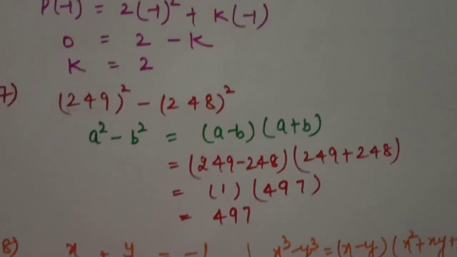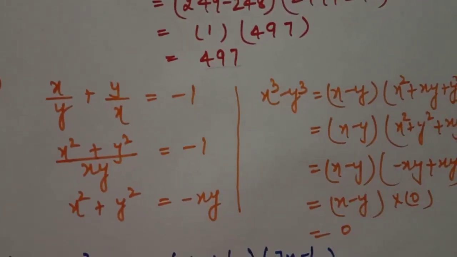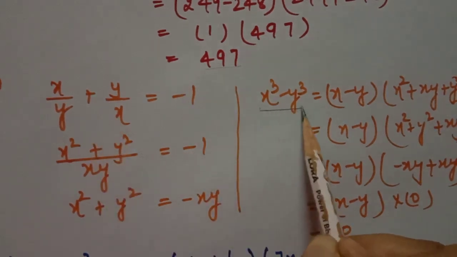Next question, question number 8. Question number 8 was, if x upon y plus y upon x is minus 1, then find the value of x cube minus y cube. So this is given to us. We have to find the value of this.